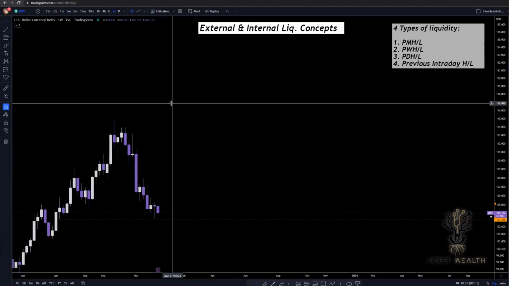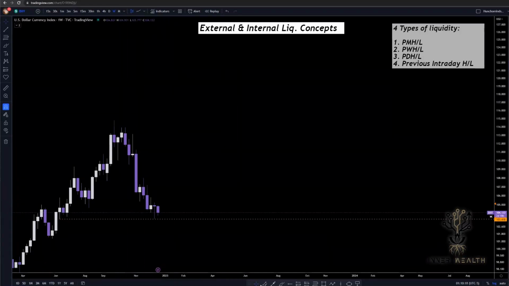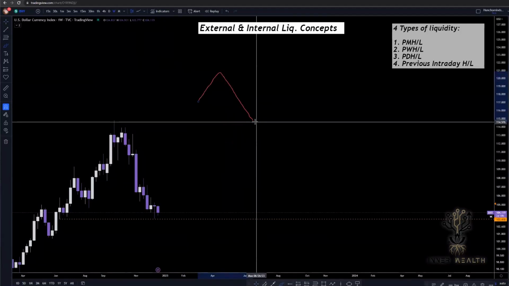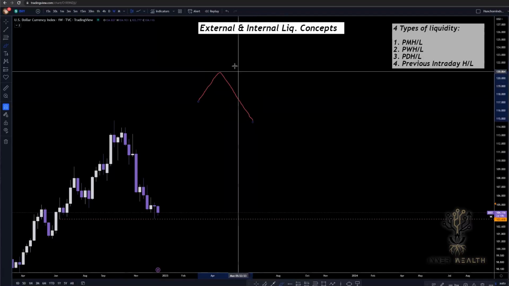Okay. So, first, I should say that internal and external liquidity, and I would write this down, this is the meaning of it, is for an expansion level. Let's say on our way to a lower low. Okay.